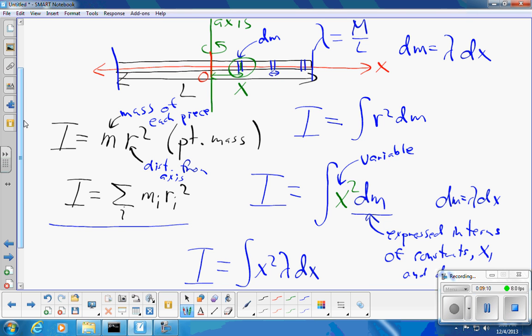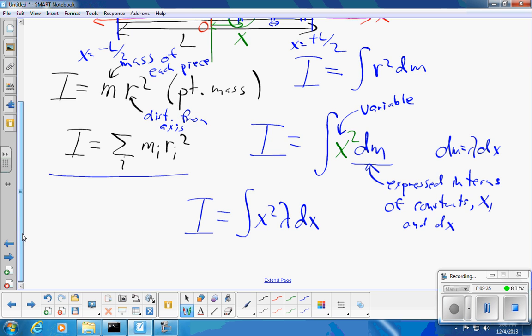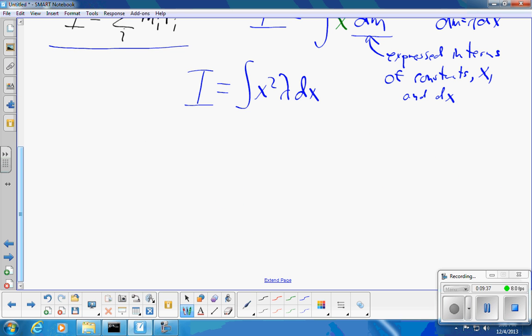Well, where are they? Remember, the stick is centered on the x-axis, so half of it is to the left of the origin, meaning the left-hand edge of the stick is located at negative L over 2. That's its address on the x-axis. And the other half is to the right of the origin, so the right-hand edge is at the value x equals positive L over 2. X equals negative L over 2 on the left. Okay, those are my limits of integration. I'm integrating from, give myself a little more room here, negative L over 2 to L over 2.